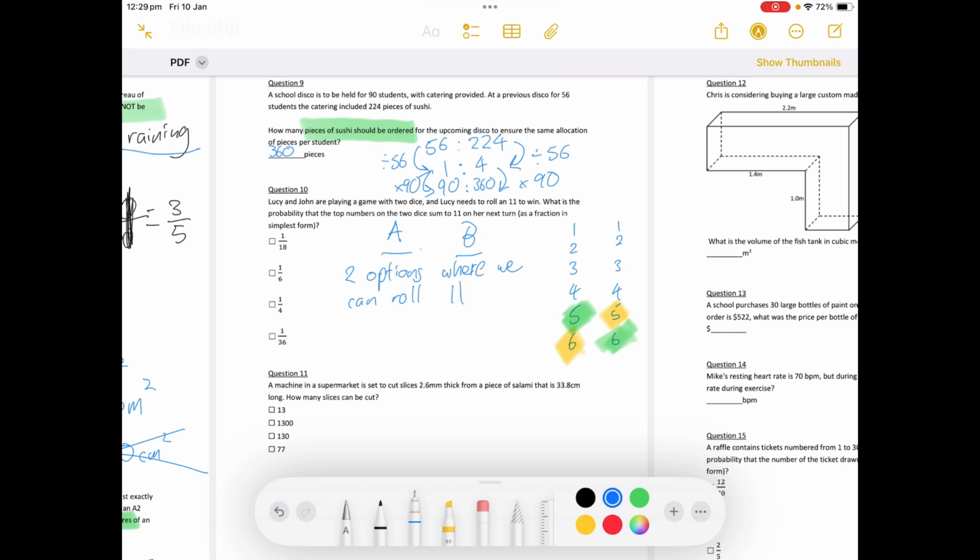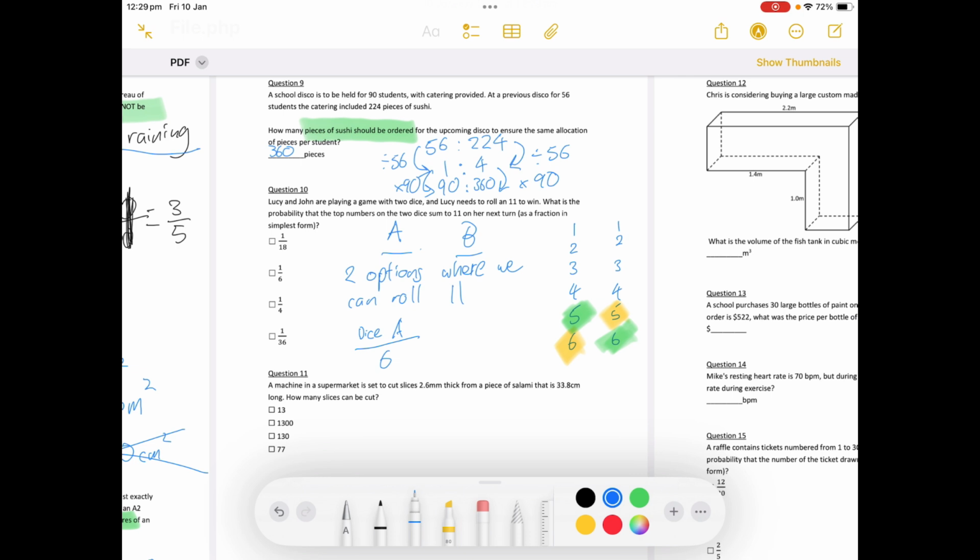Now let's think about how many different options we have in total. Dice A can roll 6 different numbers, and dice B can also roll 6 different numbers.